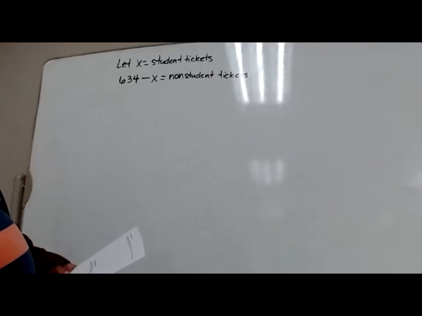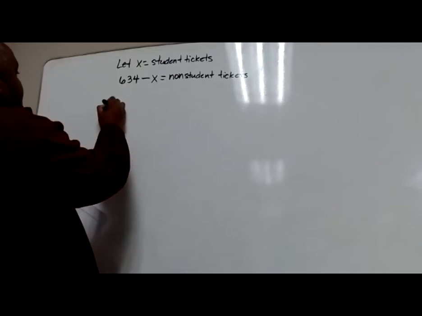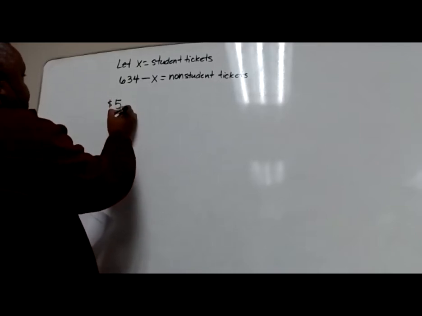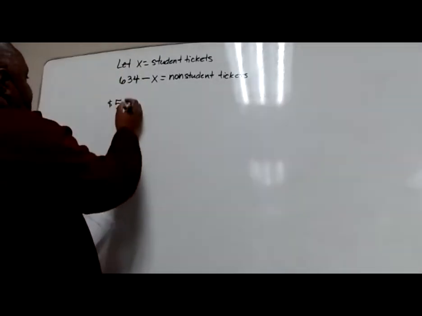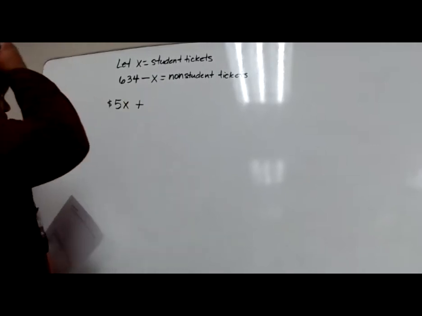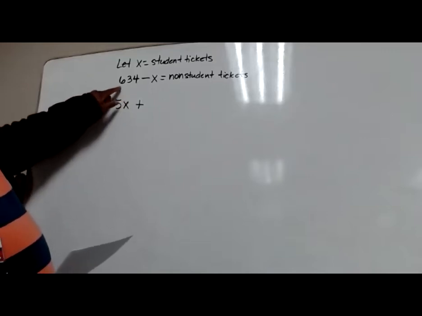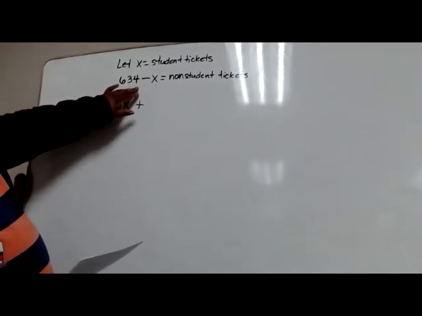Students paid $5 per ticket. X is the number of student tickets, so the cost is $5 per student ticket. So it'll be 5 times X. Then I'm going to add to it the cost for each non-student ticket. This is 634 minus X for non-student tickets.